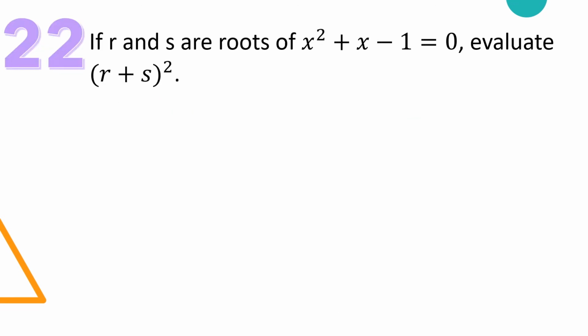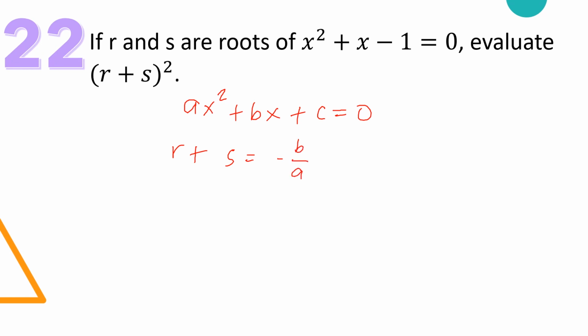Number 22. If r and s are roots of x squared plus x minus 1 equals 0, evaluate (r plus s) squared. By Vieta's theorem, if r and s are roots of the quadratic equation ax squared plus bx plus c equals 0, then the sum of the roots r plus s is equal to the negative of b over a.